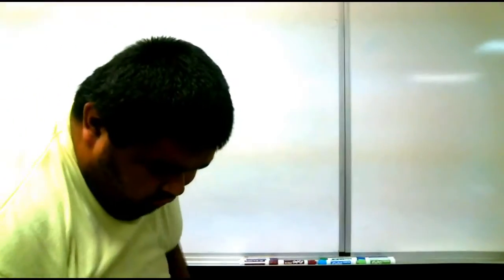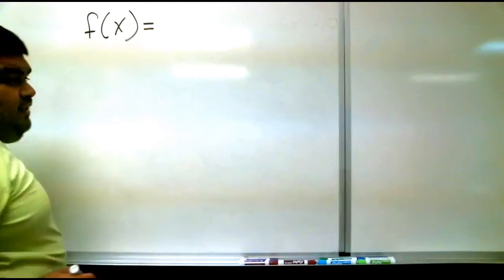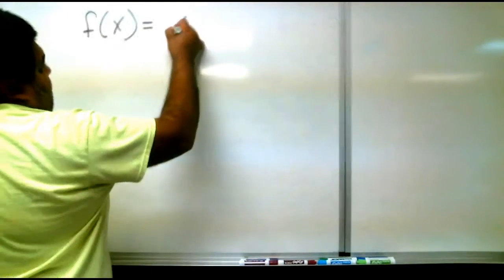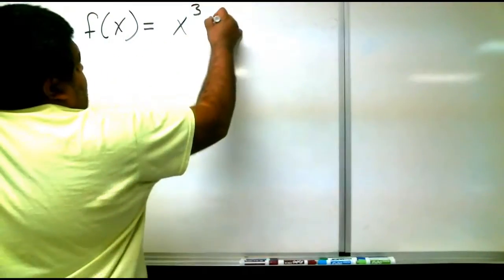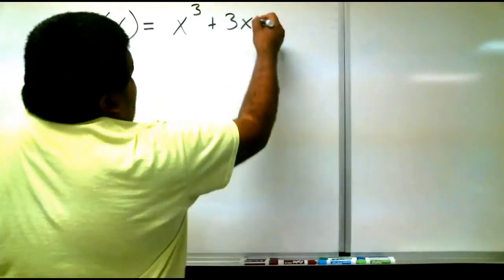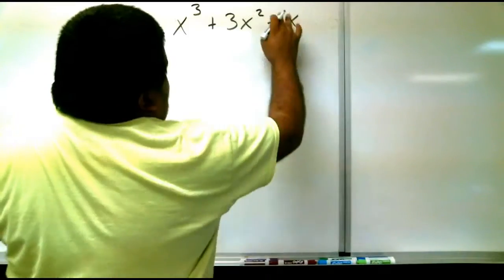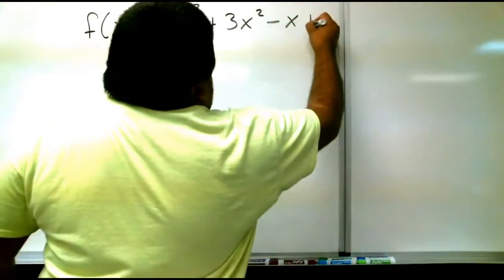First, f of x equals x to the third plus 3x squared, minus x, plus 8.